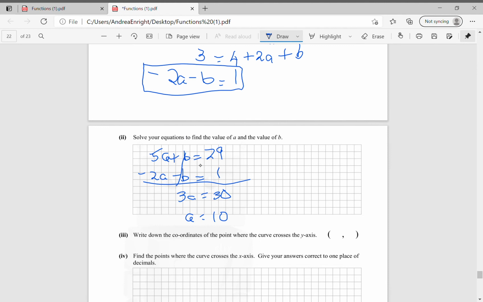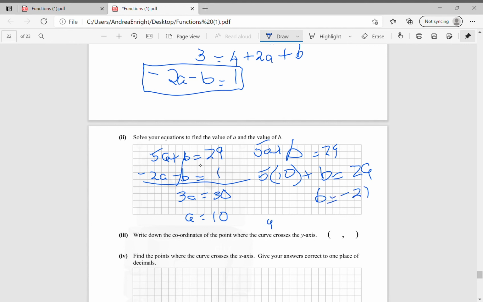Right, and then 5a plus b equals 29. So a is 10, 5 times 10 plus b equals 29. b equals 29 minus 50, so b equals minus 21.